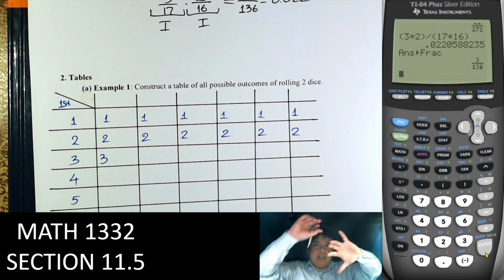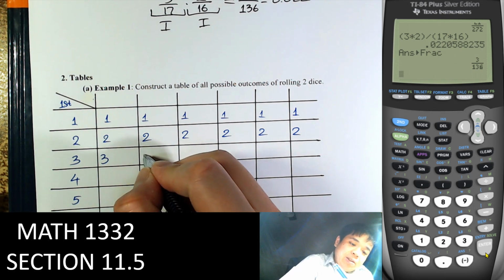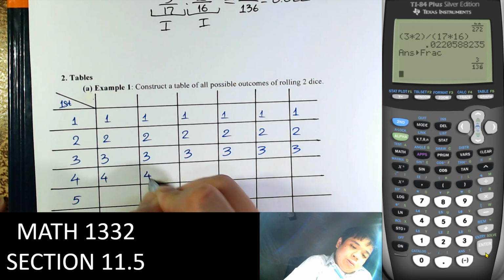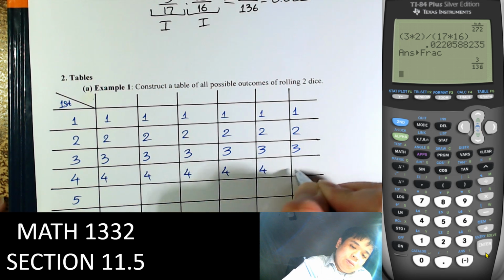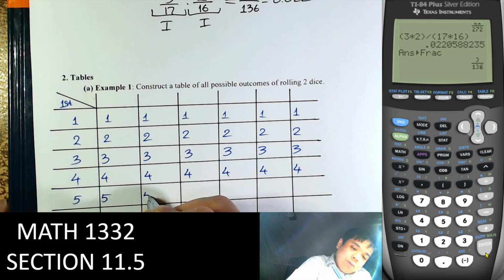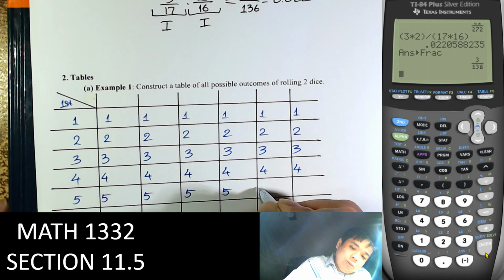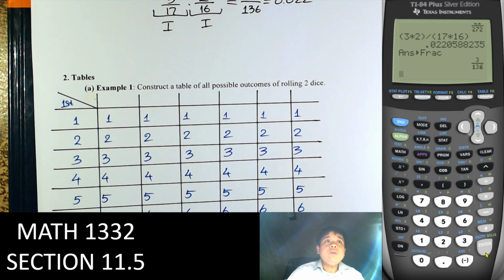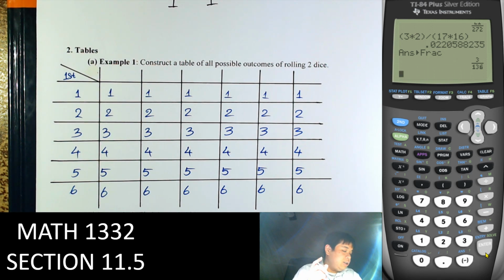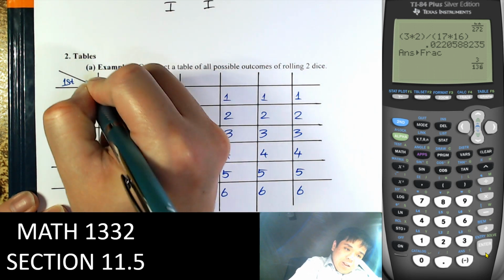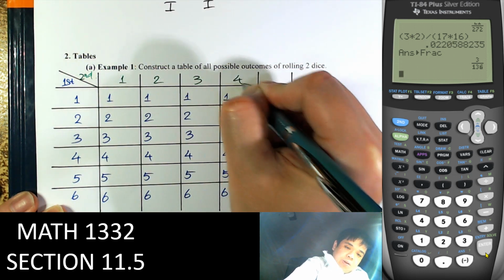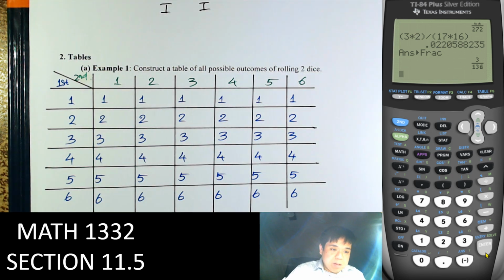Go to 6 branches, and then for each one there are 6 branches again. That's the first one. Now the second die could be 1, 2, 3, 4, 5, and 6. Let me write the comma first.